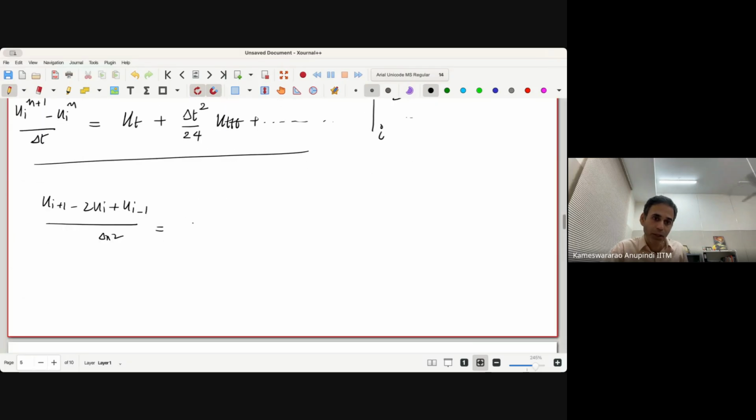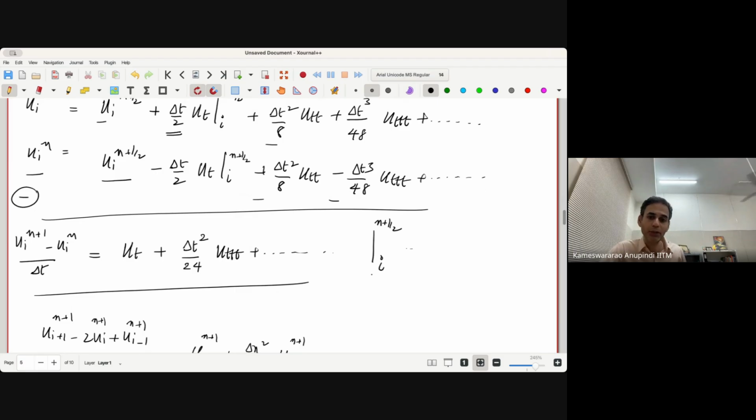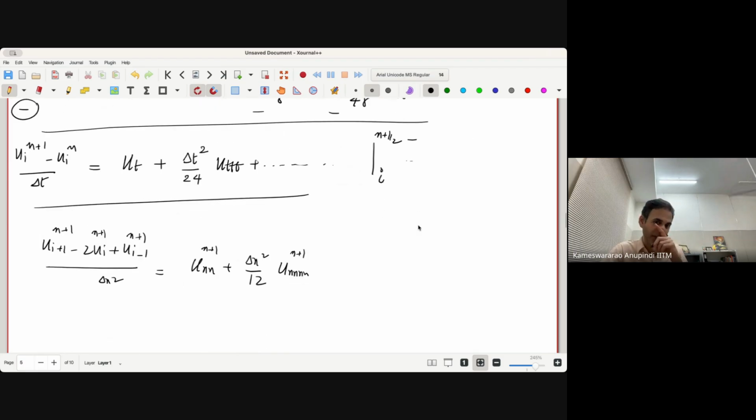Okay. So let me write that here. So this is going to be u_xx plus Δx squared by 12 u_4x, but then everything is, let us say, if you are writing at n plus 1, this is also at n plus 1. Okay. But then to be able to put into one equation, we want everything to be at n plus half instead of at n plus 1.